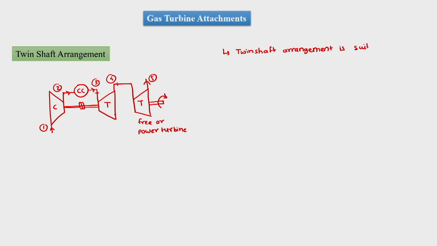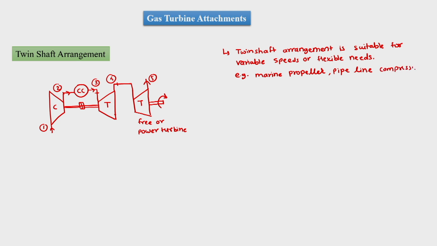Twin shaft arrangement is suitable for variable speed or flexible speed requirements, or flexible needs. Examples of such arrangements are marine propeller, pipeline compressor, then road vehicles, etc. Here we are thinking of the gas turbine also as a prime mover.